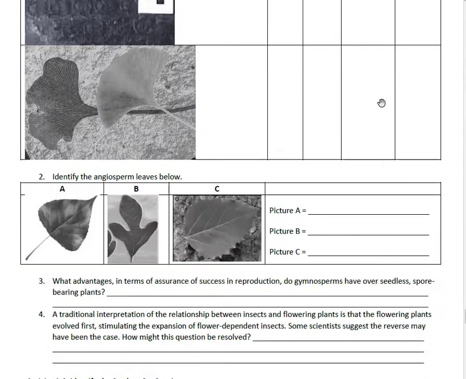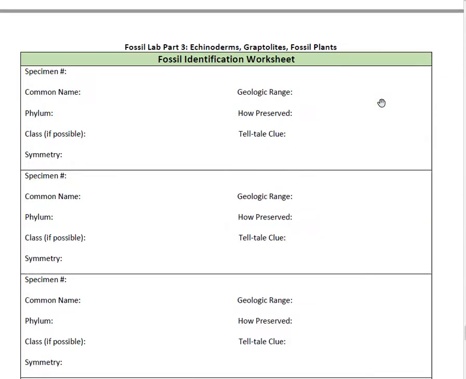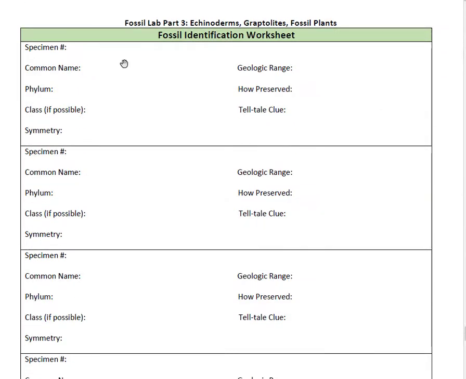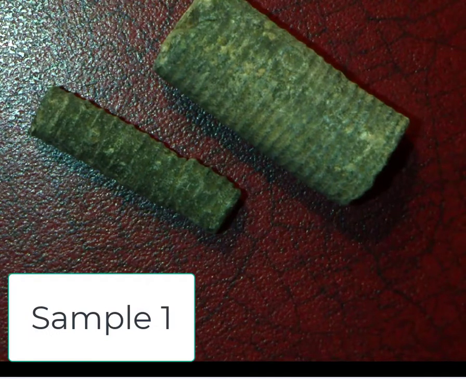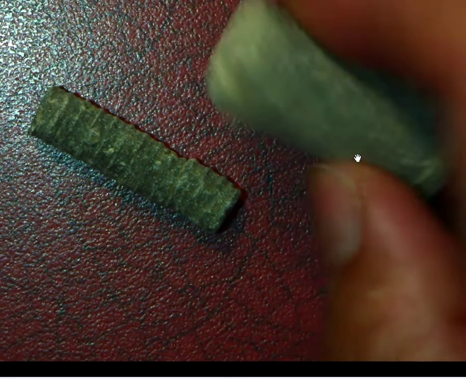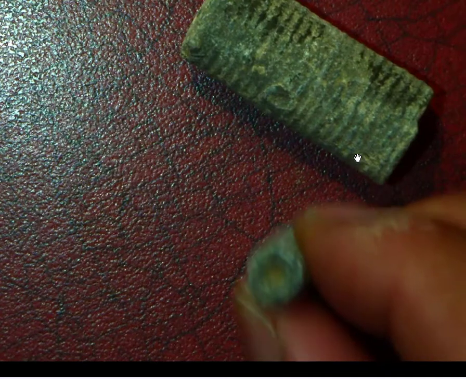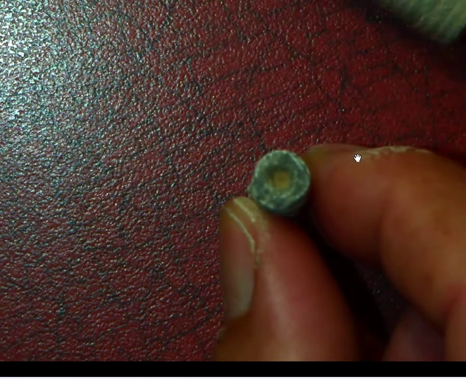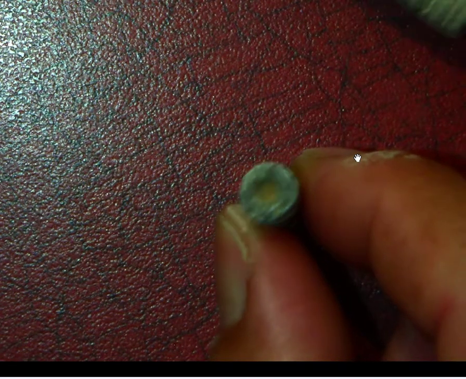So what I want to get to is showing you some specimens. We'll start off with the first one here. For activity 1.6, this first specimen you can make out right away looks like a column where there are multiple discs attached. So this is sample 1, and your job is to tell me what this organism is. You can see the little central stem there.